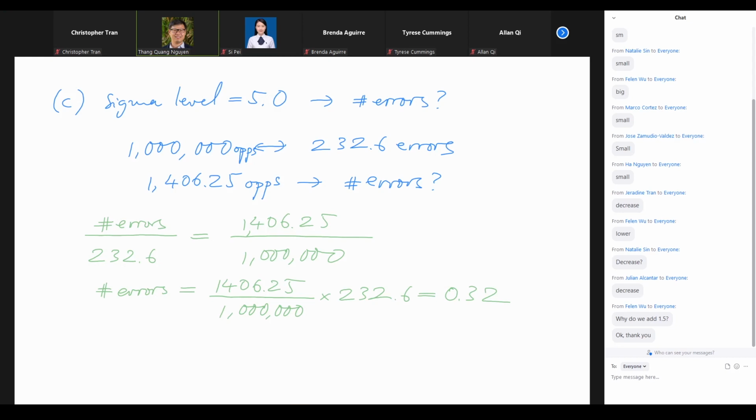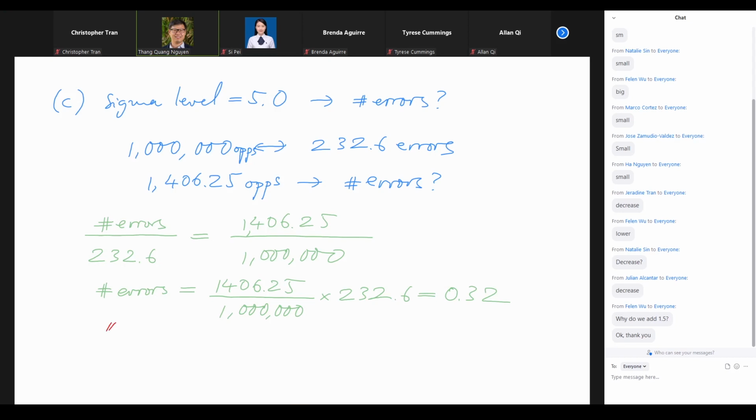It means that sometimes we see 0 errors, sometimes we see 1 error, sometimes we see 2 errors or more. But if we average over the cycles of operation, then the average number is 0.32. Okay, so in the homework question, I ask whether we can see this number of errors in real life.